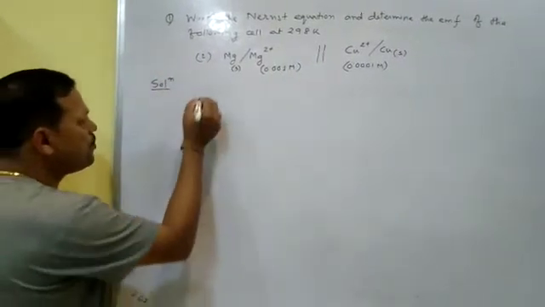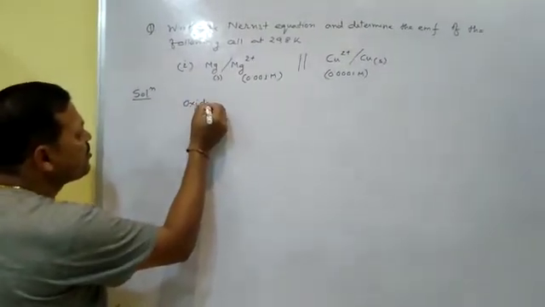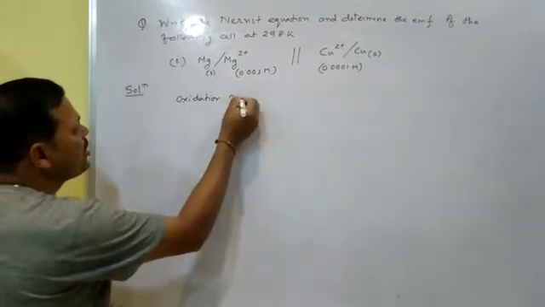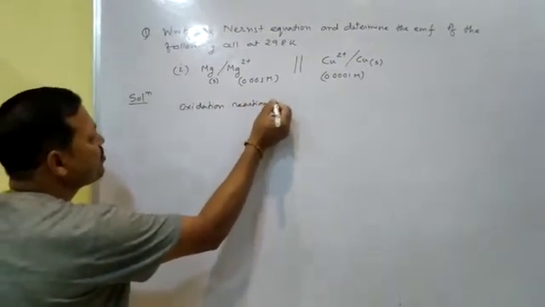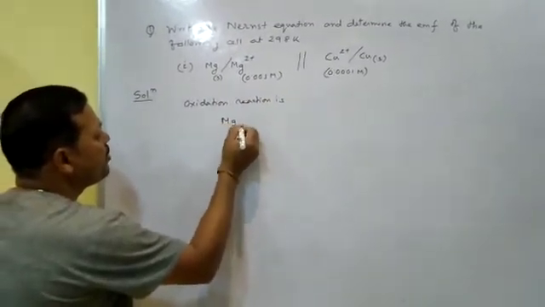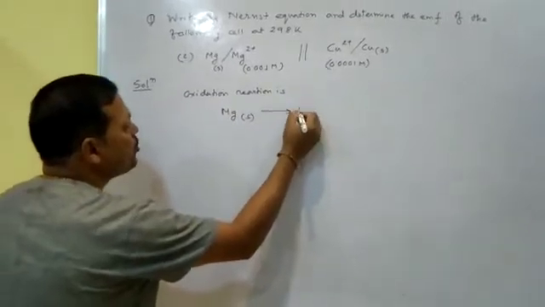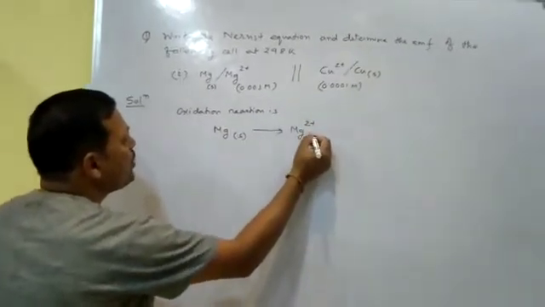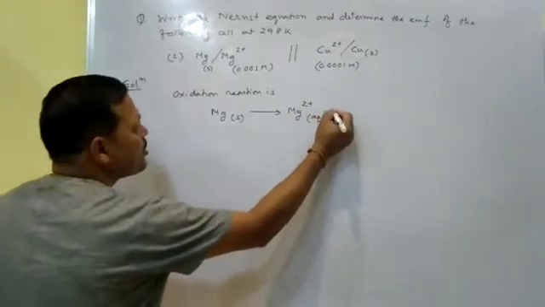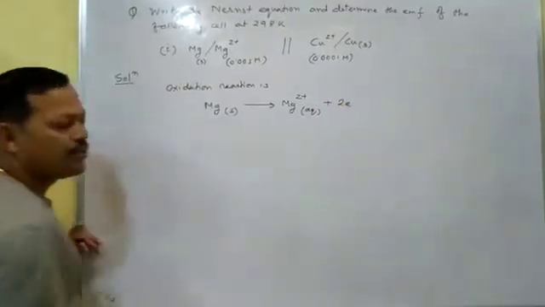Solution. Your oxidation reaction is magnesium solid converted to magnesium 2 plus aqueous by loss of 2 electrons.